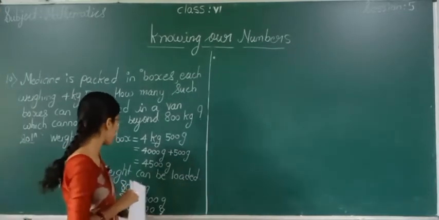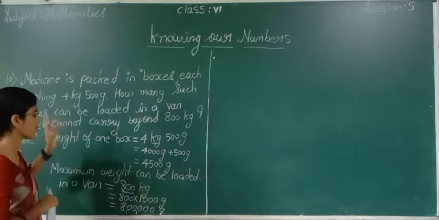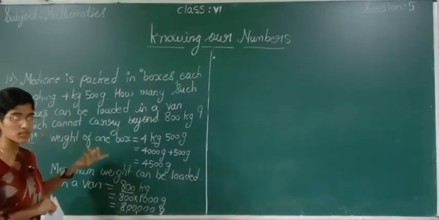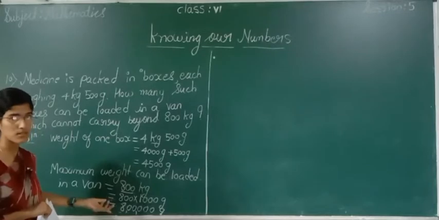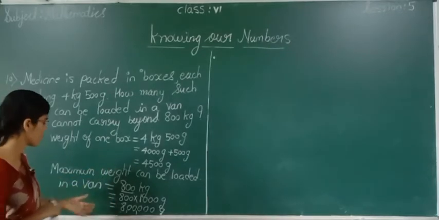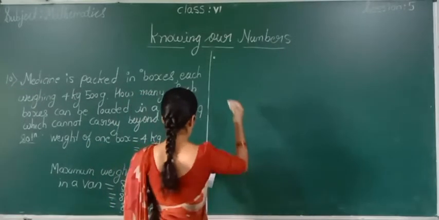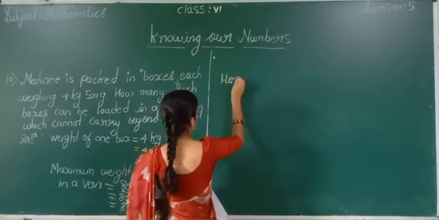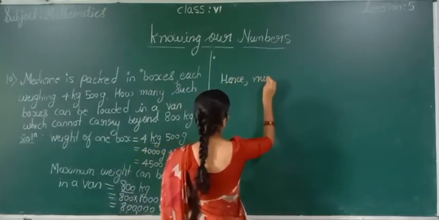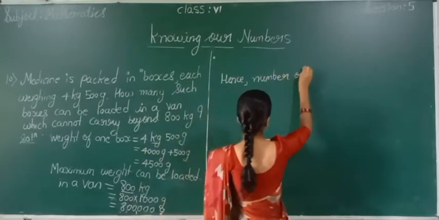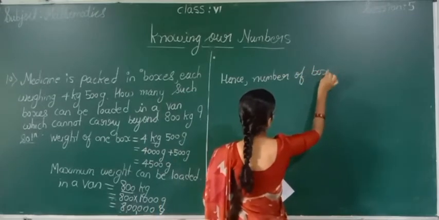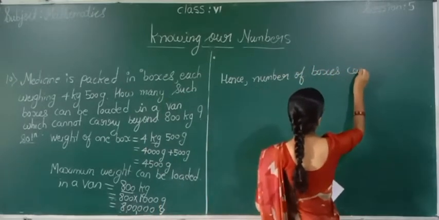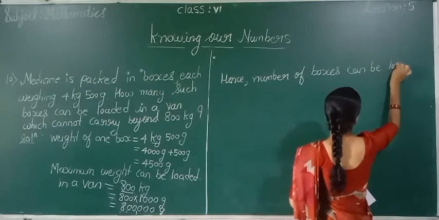Now we'll see how many boxes can be loaded in a van. What is the number of boxes we can load in a van? Hence, the number of boxes that can be loaded in a van.